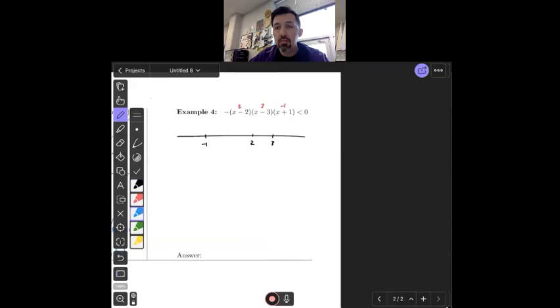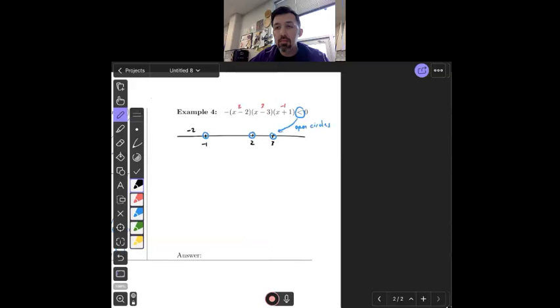Next thing I'll look at is this inequality. It tells me that I need open circles at each of these. And then I want to identify a value within each interval. So I need a number that's less than -1, like -2.